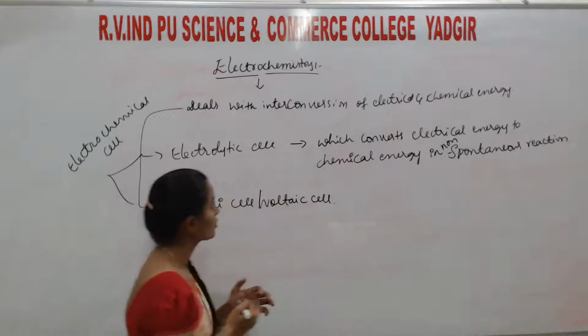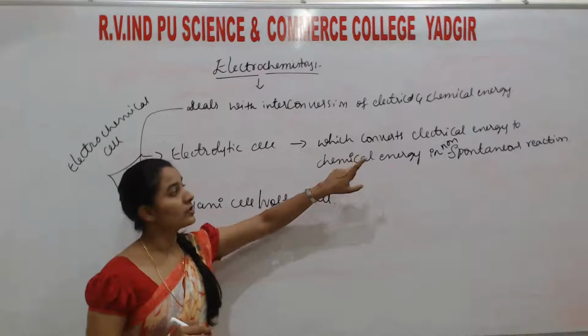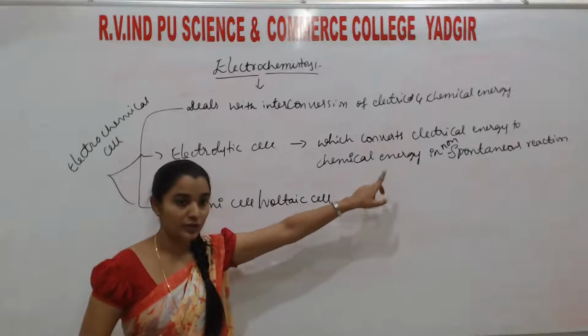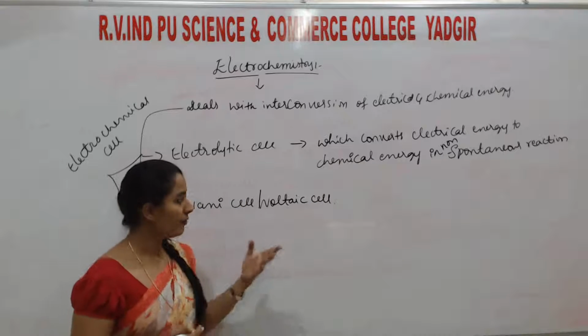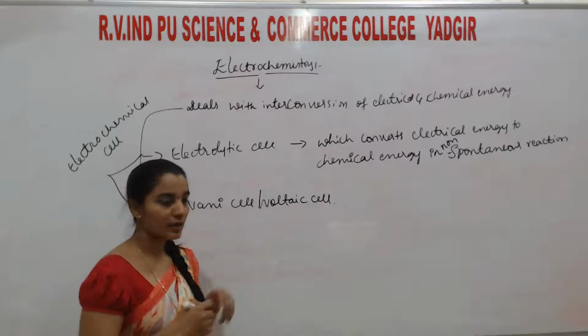Not spontaneous. So the cell which converts electrical energy to chemical energy in a non-spontaneous reaction is the electrolytic cell. Obviously, the opposite of this is the galvanic cell.